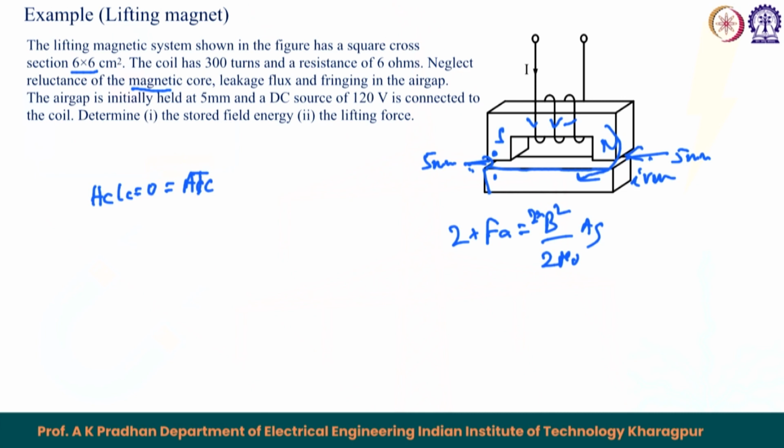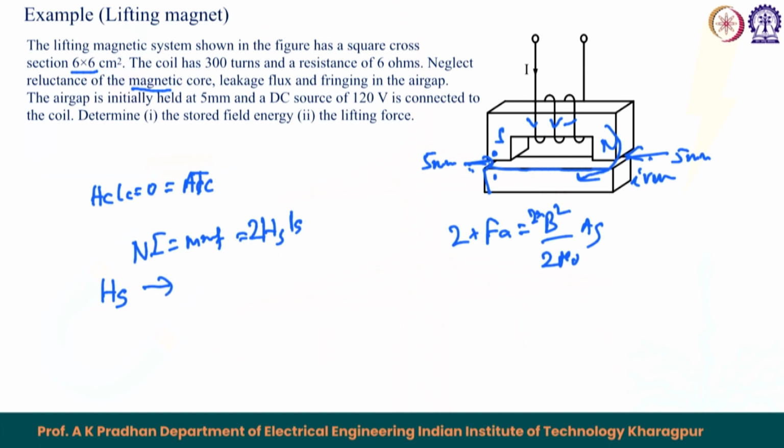So, what we say here is that again it is a similar situation. We have this NI that equals our MMF, which gives us the corresponding Hg Lg, and here we have 2 air gaps. So, this comes out to be 2 into Hg Lg, and Lg is 5 mm here. Substituting this value, we can find out the corresponding Hg.